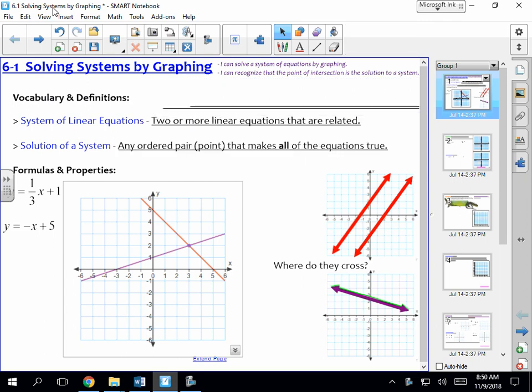Okay, a solution of a system is any ordered pair point that makes all the equations true. So any ordered pair that makes all the equations true.